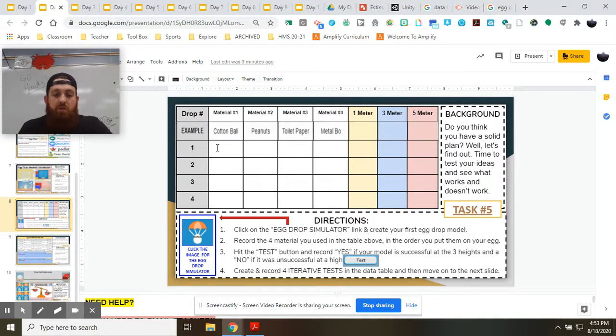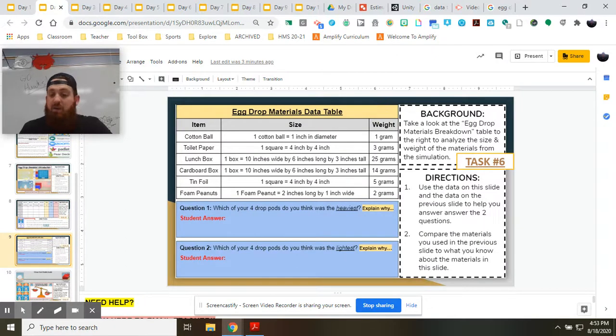But you should hopefully see what materials you used and be able to estimate, because we're not being specific, which one you think is the heaviest and which one you think is the lightest. Based on whatever you pick, maybe it's drop pod number 1, maybe it's drop pod number 2, whatever. Explain why. Why did you think that? How did you come up with that?